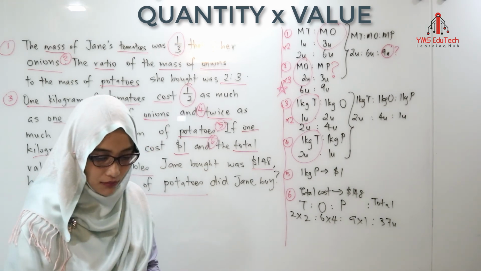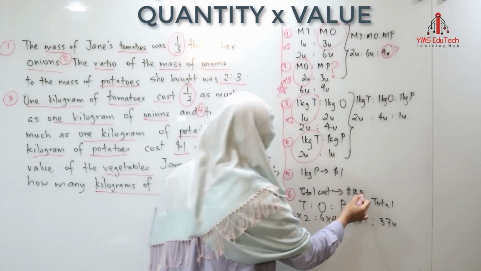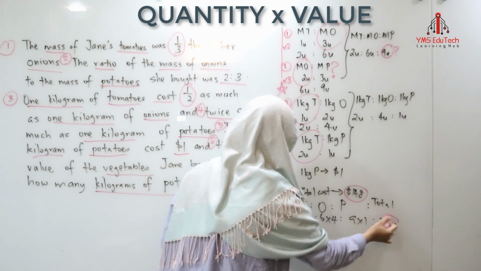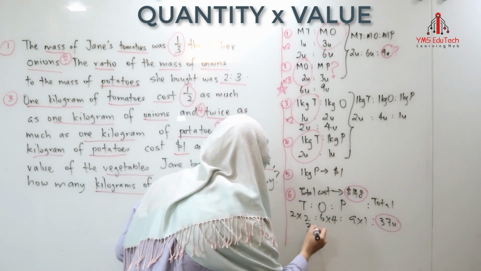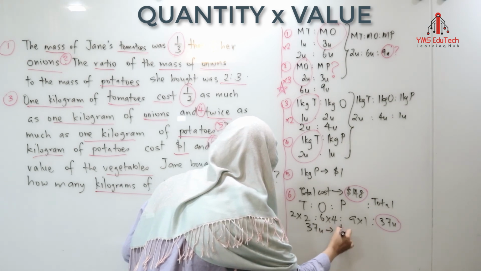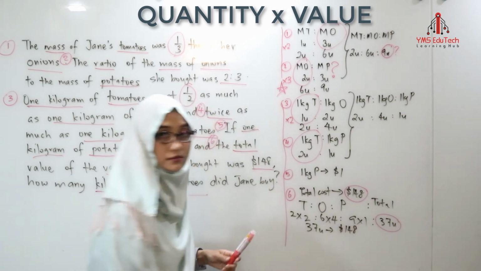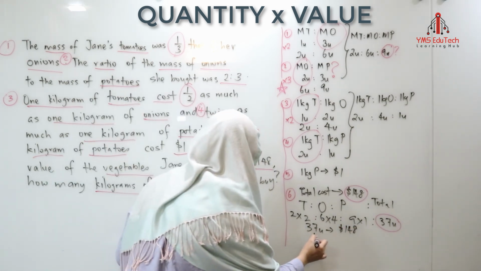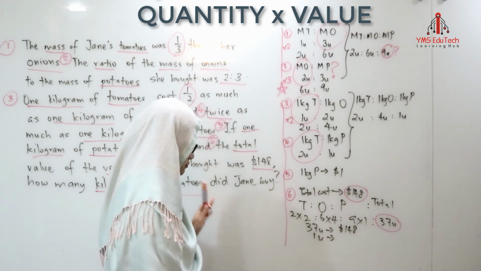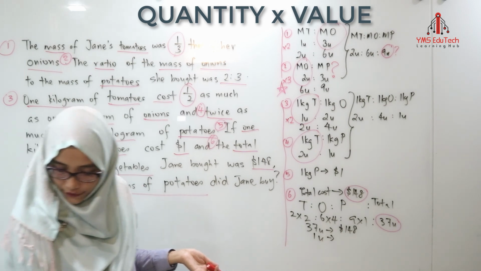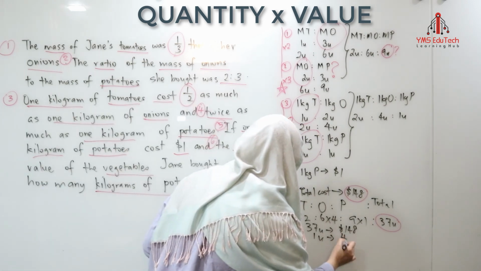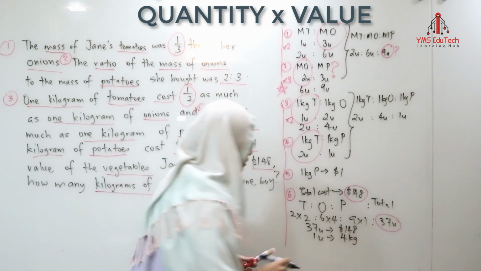Now I can relate this because this is a total, this is also a total, which means 37 units is $148. So 1 unit is 148 divided by 37, which will give me 4.